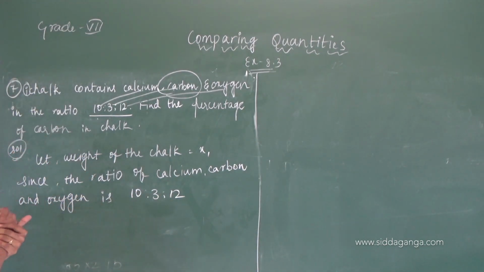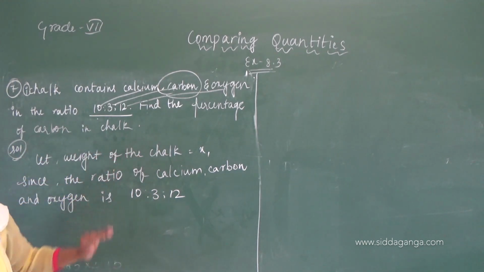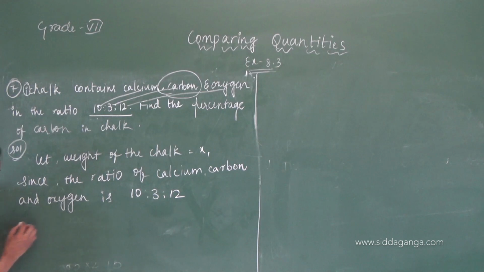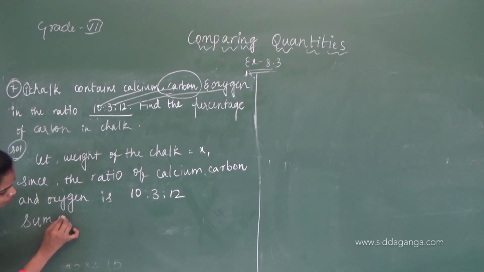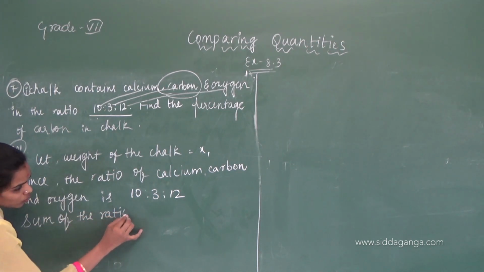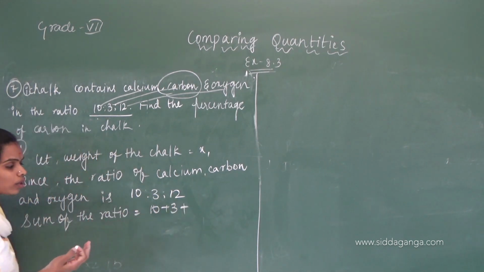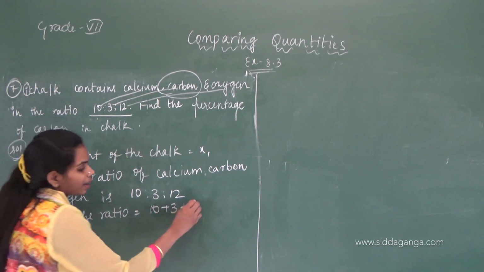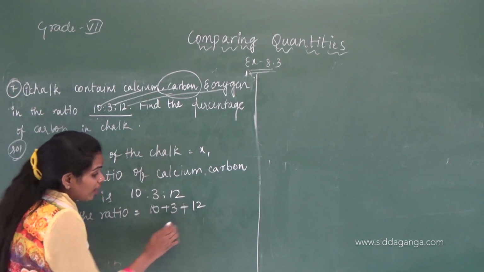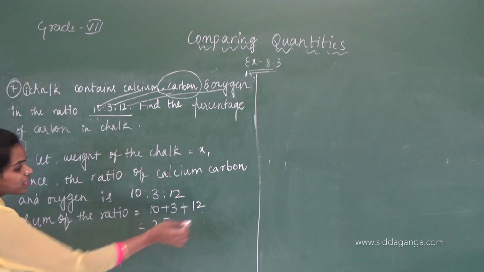And we have to find the percentage of carbon in the chalk. First you have to find the sum of the ratio, which equals 10 plus 3 plus 12, that is 25, 13 plus 12.